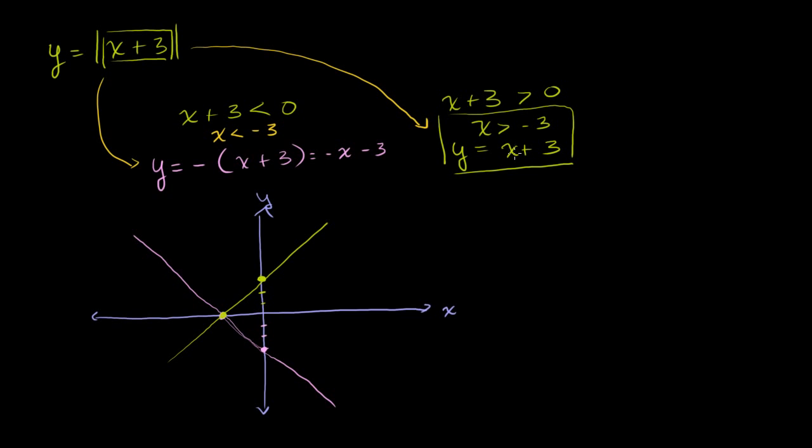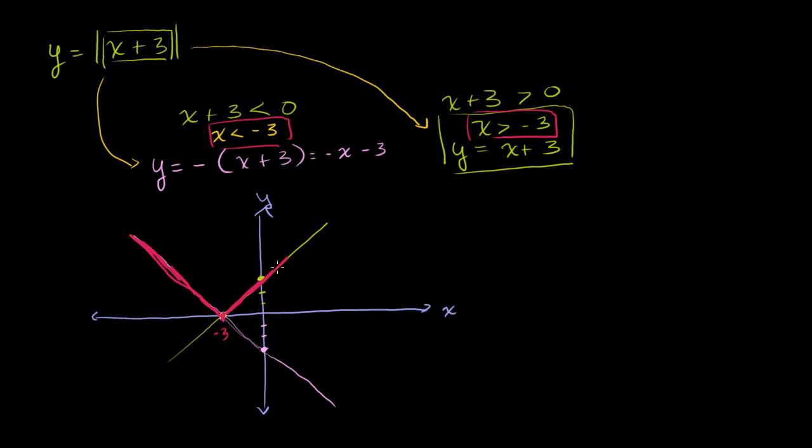Now, what we figured out is that this absolute value function looks like this purple graph when x is less than negative 3. So when x is less than negative 3, it looks like this purple graph right there. But when x is greater than negative 3, it looks like the green graph.